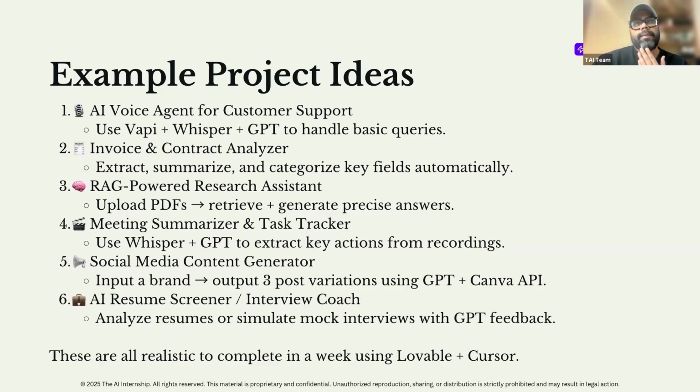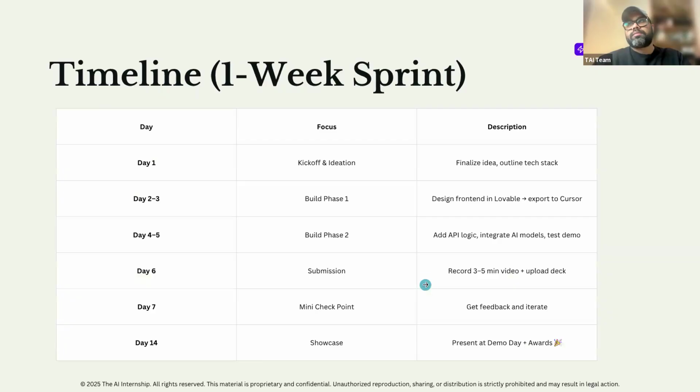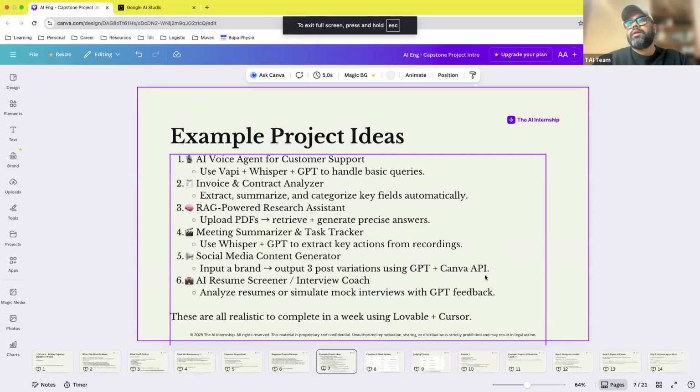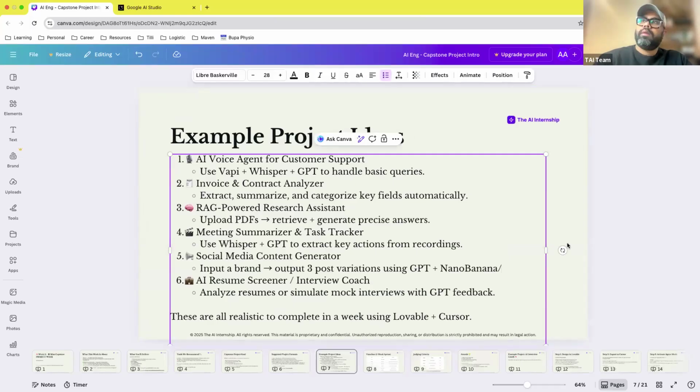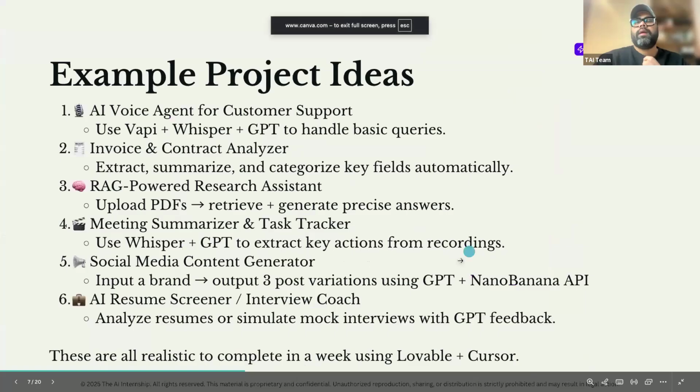And meeting summarizers, similarly, you can use Whisper and GPT to extract key actions. For social media content generation, you can obviously use the Canva API, but I think Nano Banana seems interesting right now. And yeah, an AI resume screener as well.